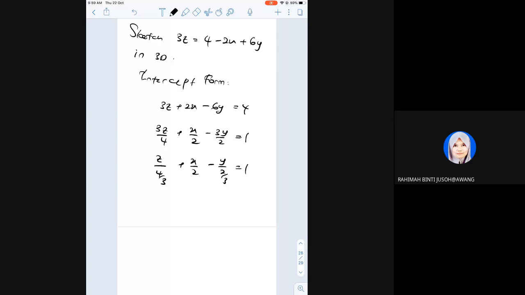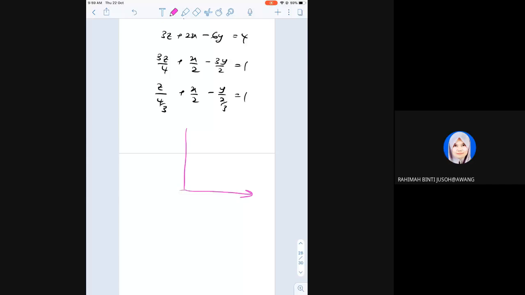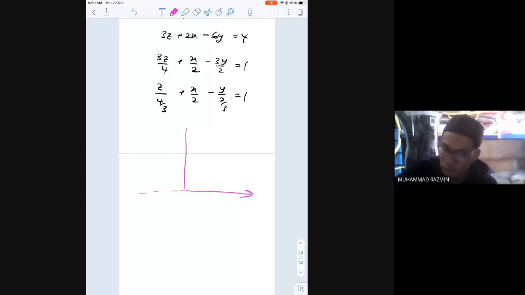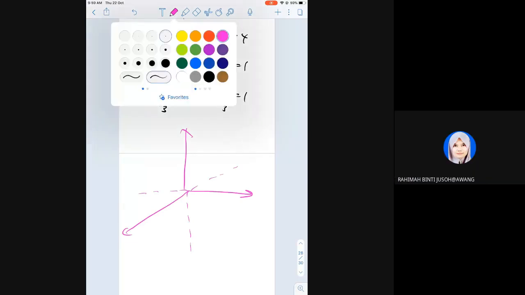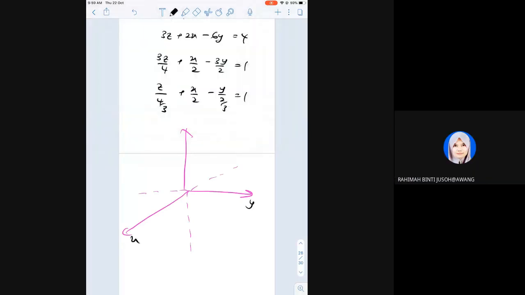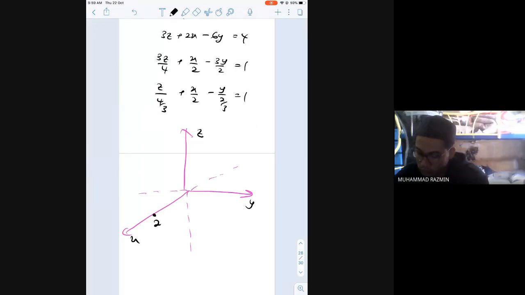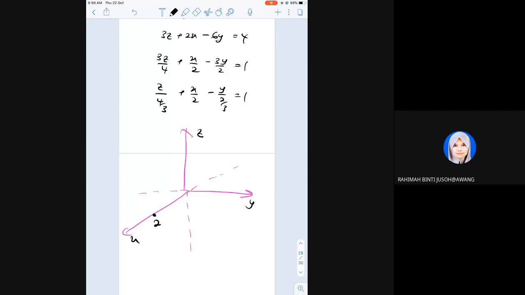Okay, so now let us plot the graph. x, y, and z. So x equals to positive 2. Y is negative 2 over 3, on the left side.